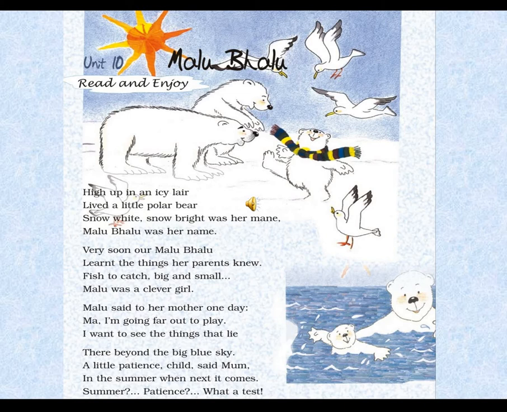High up in an icy lair lived a little polar bear. Now that you know the meaning of the word lair, you probably must have understood the meaning of these two sentences as well. Yes, so here we are talking about a little polar bear. We already know her name, that is MALU, and she lives in an icy lair. Why is her lair icy?